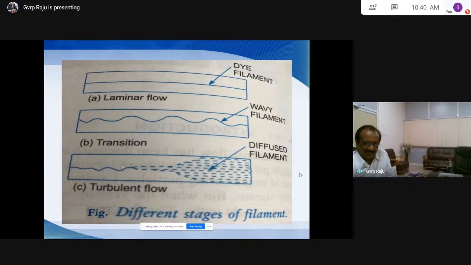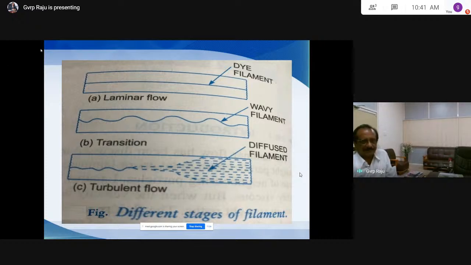Finally it is diffused over the entire cross section. You can see this is a diffused filament, this is a wavy filament, and this is the dye filament. When it is diffused completely and spreads over the entire cross section, that is called turbulent flow.